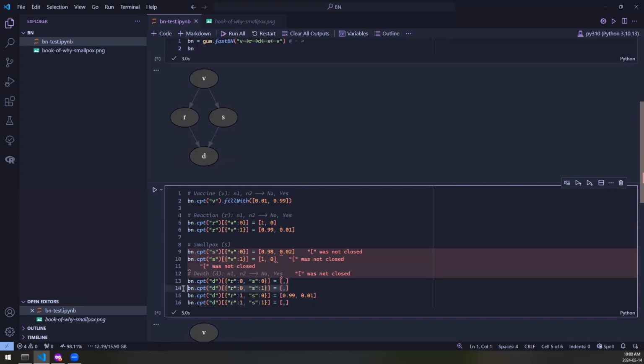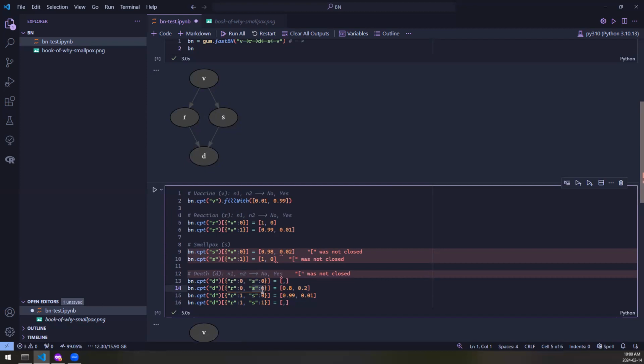Okay, reaction 0 is smallpox true, and again, this is how I interpreted the data from the book. So 20% death true if the child had smallpox, and we have 80% for death equals to false.